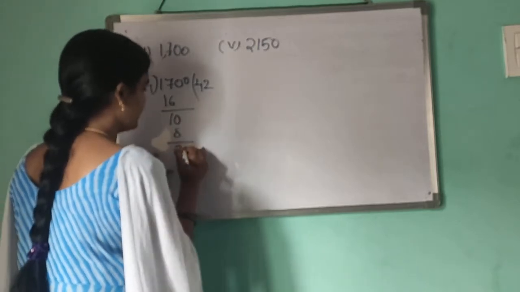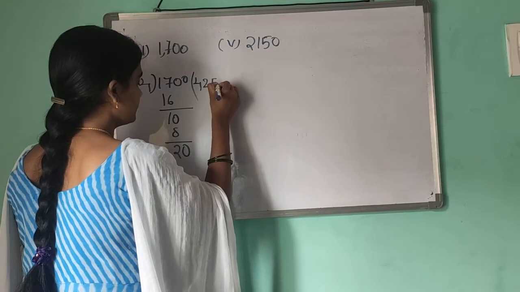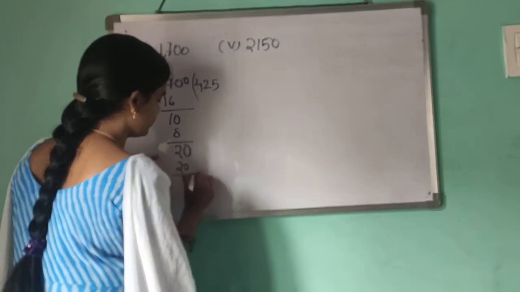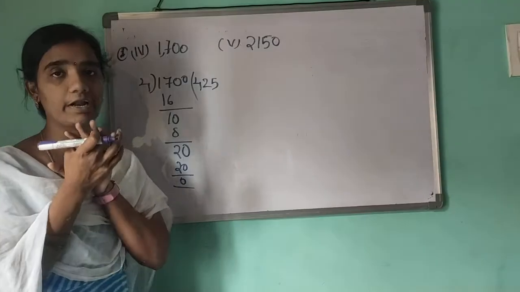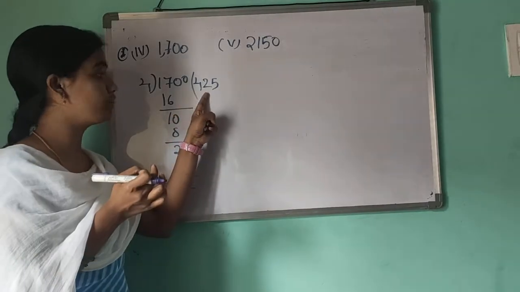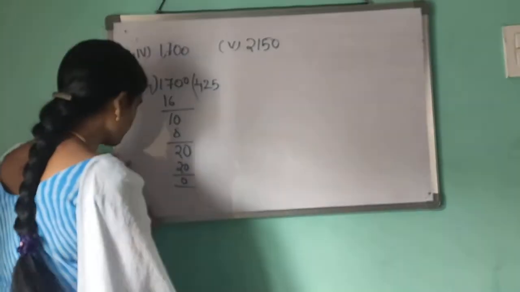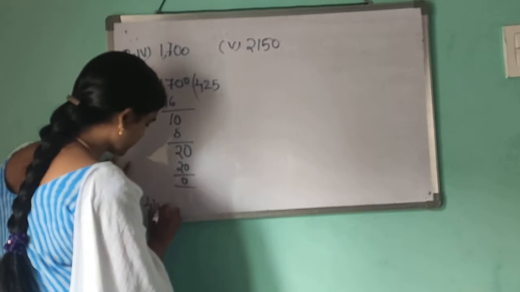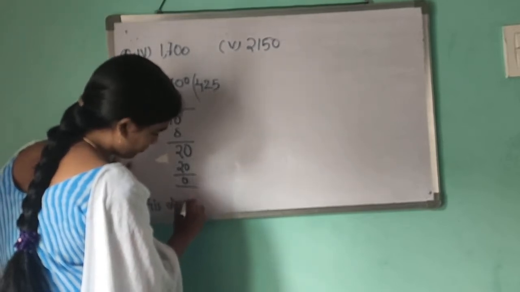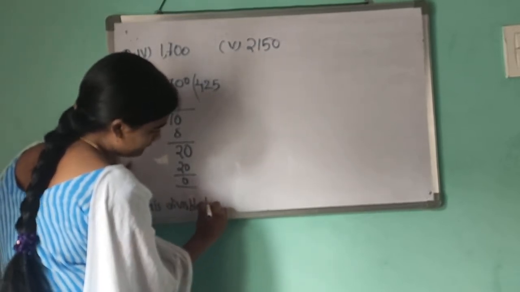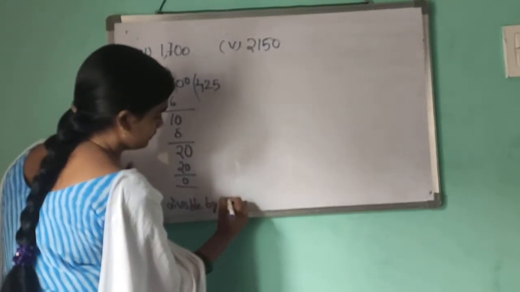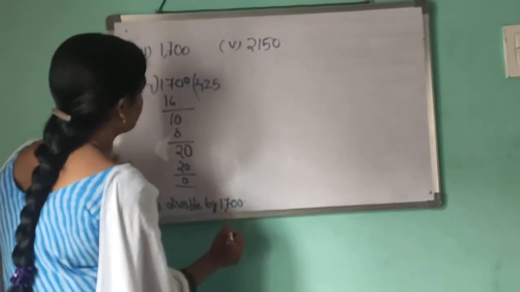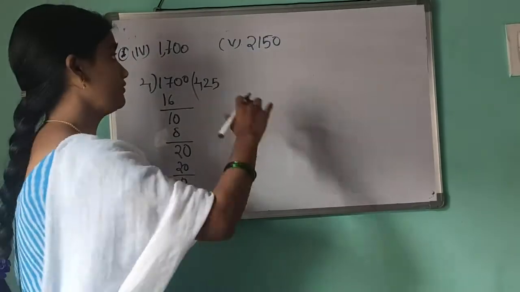Remainder is 20. 5 4s are 20. Remainder is 0. So 1700 is divisible by 4. How many times? 425 times. Let's check with fifth sum.